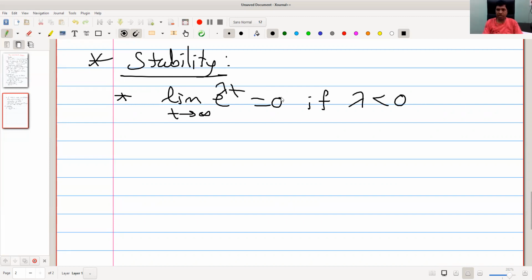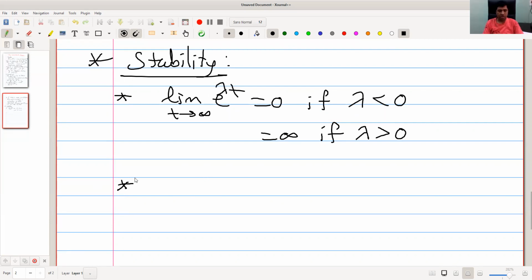We are assuming real eigenvalue. And this term e raised to lambda t will be unbounded if lambda is positive as t tends to infinity. So this is infinity if lambda is positive.